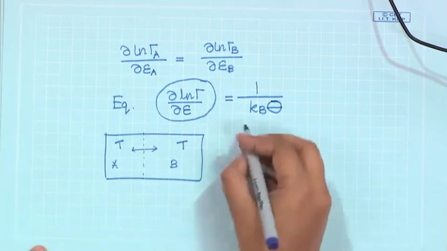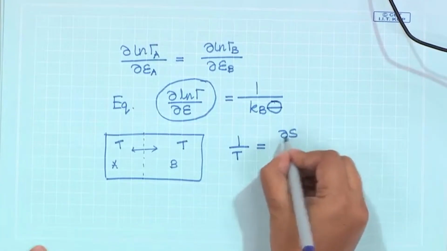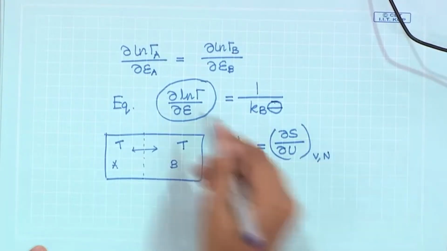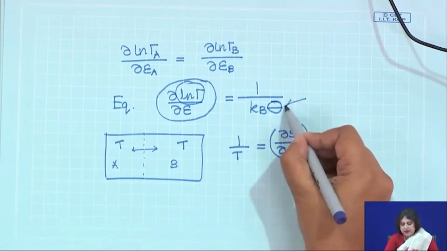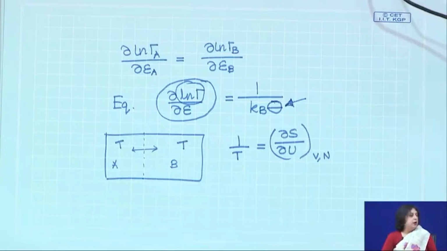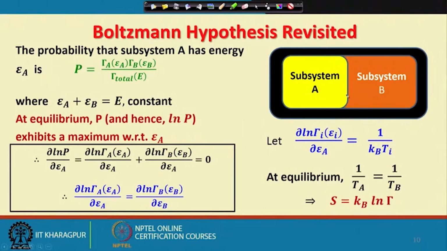Now, I know that 1 by T is equal to del S del U V n. Therefore, this quantity has to be related to entropy, so that theta can be the quantity related to temperature, and that is exactly what has been shown in this slide. It says that if I allow energy exchange, they will attain a thermal equilibrium.